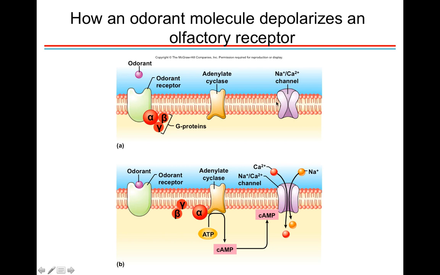Normally the sodium-calcium channel is closed, but cyclic AMP has the ability to open it, and the influx of calcium and sodium to the inside of the cell can lead to a depolarization event.